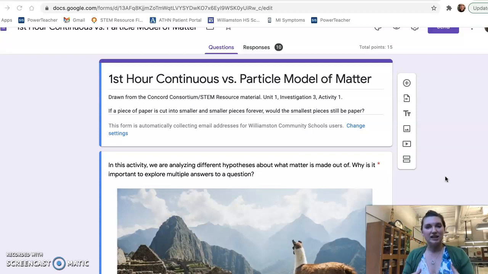And that's the particle model of matter, where when you cut it enough times, eventually you're going to have different things, right? Like different building blocks that you put together to make different things. So as time has gone by and people have been able to do more experiments and ask better questions and try new things and see new things and talk to each other, we've discovered that the particle model of matter is actually what happens.